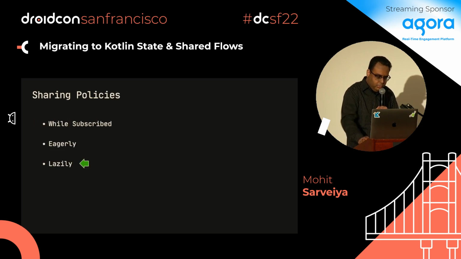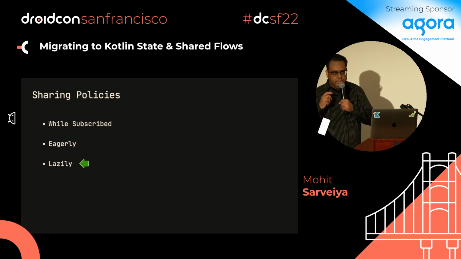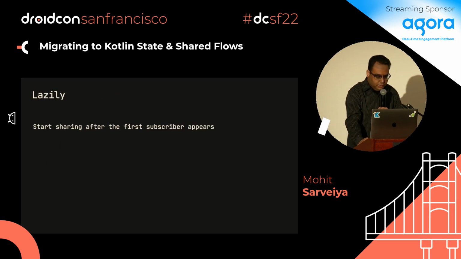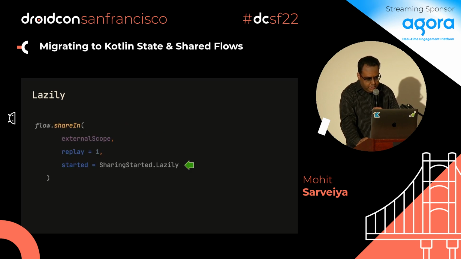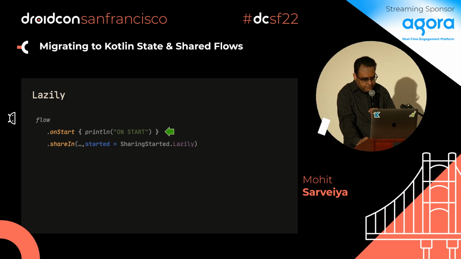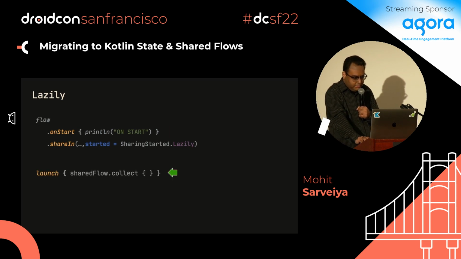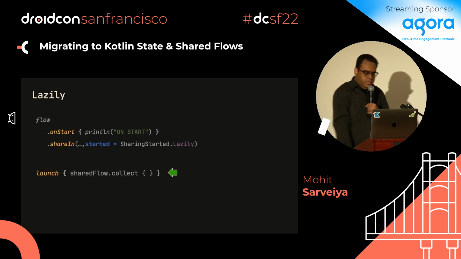Whereas lazily will actually wait until you have at least one subscriber in order to start the flow. So it starts the flow when there's at least one subscriber, and you would initialize it like this. And then when you call this, on start won't get printed out at all, unlike an eagerly strategy. It will basically print it out when at least one subscriber happens.